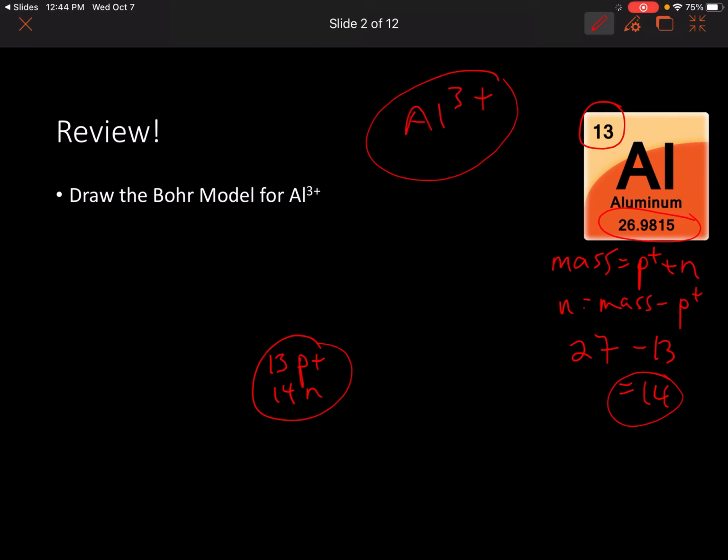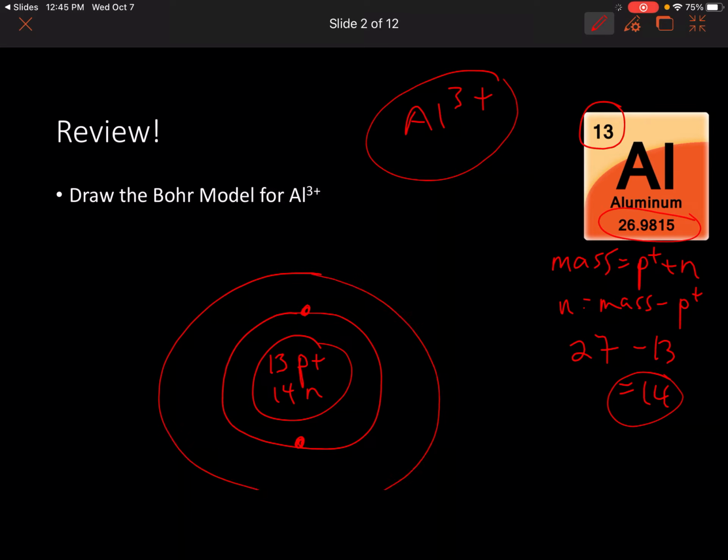Okay, now we have to place our electrons. Like I said, normally in a neutral atom of aluminum, we would have 13 electrons. It's not neutral though. We've got a charge. In the first orbital, remember, it can hold 2. In the second one, we can hold up to 8, right? So I'm going to go 1, 2, 3, 4, and then we start doubling them: 5, 6, 7, 8.